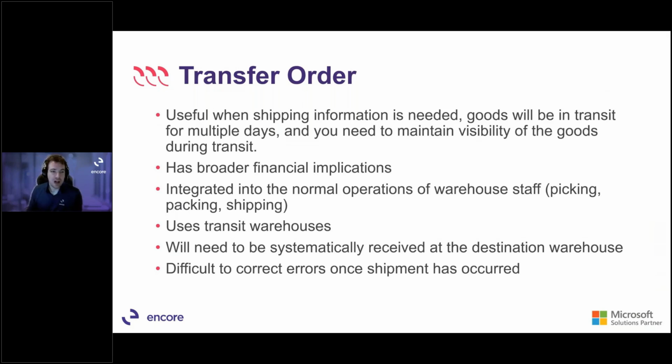One of the most common uses for transfer orders when dealing with shipments between warehouses is if a company is using consignment inventory, meaning they might virtually ship these transfers to a different warehouse that the company owns.